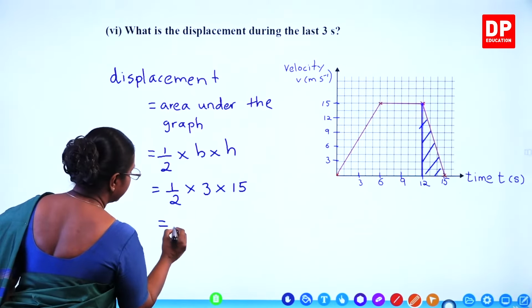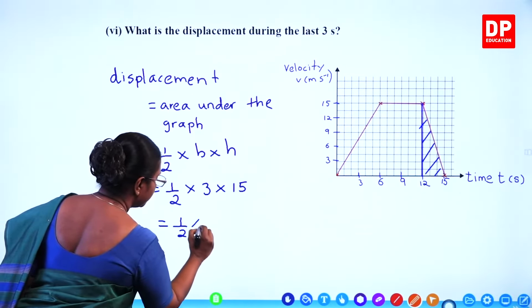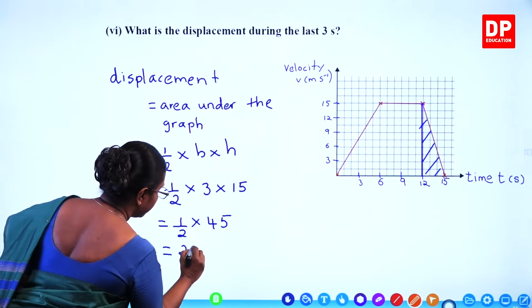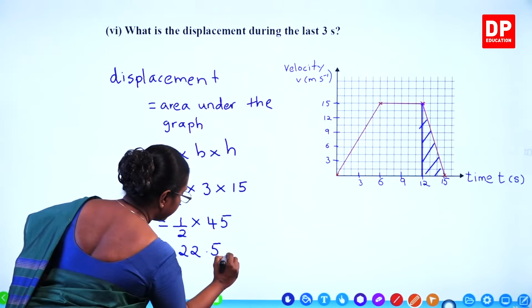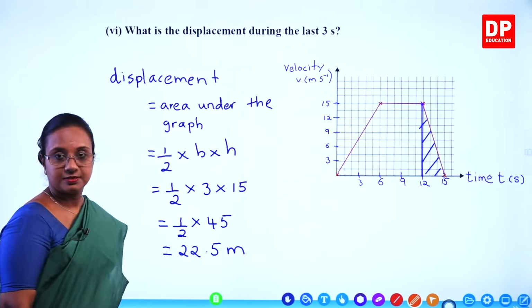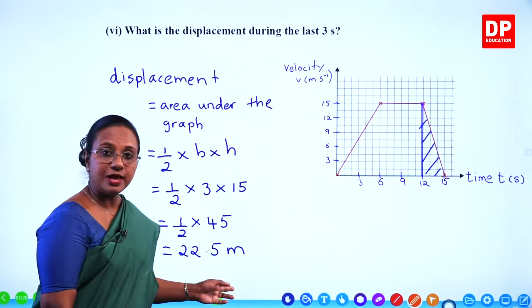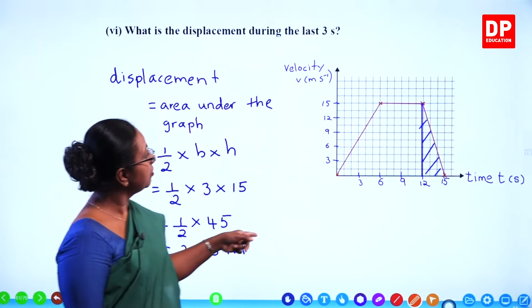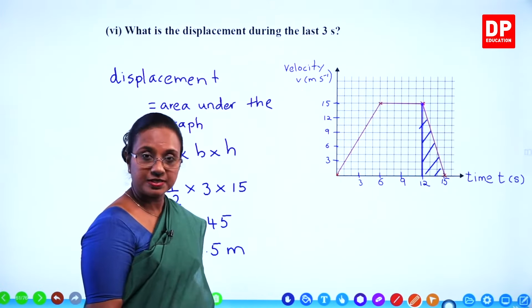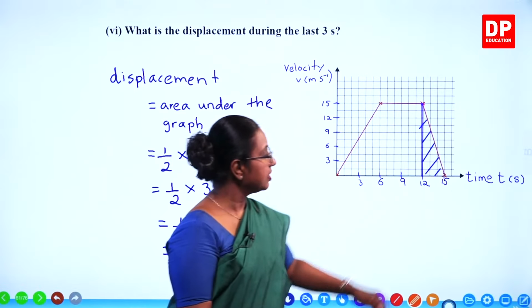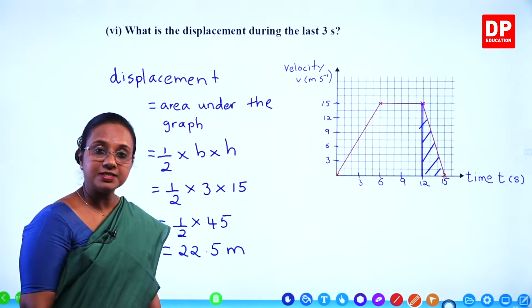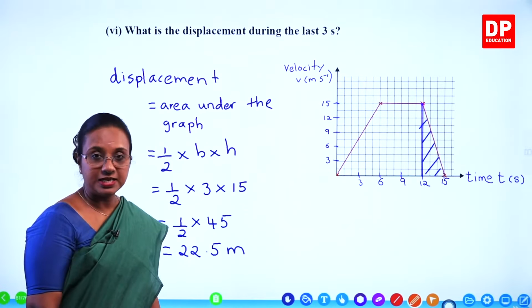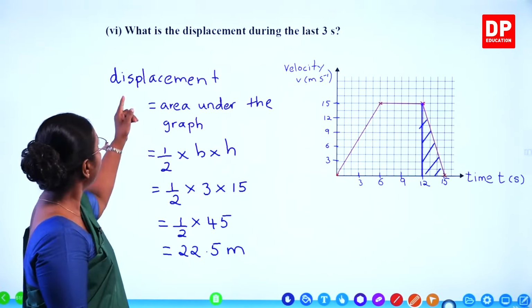So we get the value as half into 45, that will be 22.5 meters. As you all know, velocity is meters per second, time is seconds. So when you multiply meters per second by second, you end up with the unit meters. That is the unit for displacement.